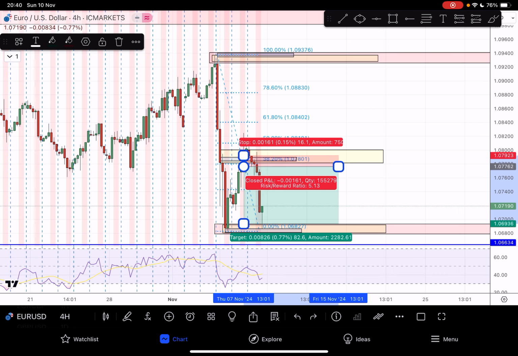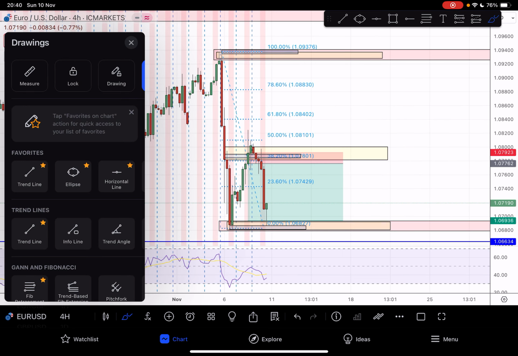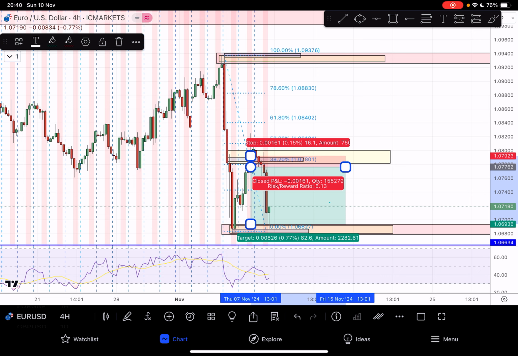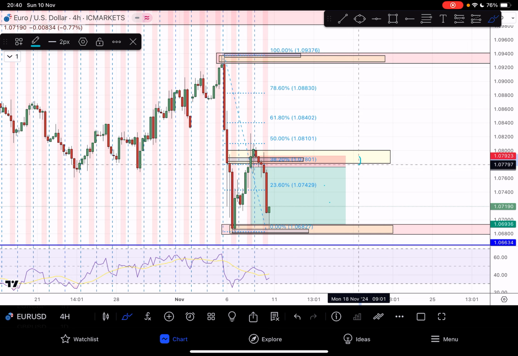This was risking 16 pips. Sorry, this pen doesn't work. Has a mind of its own. Well, I'm risking 16 pips here. And the profit was whatever it was.